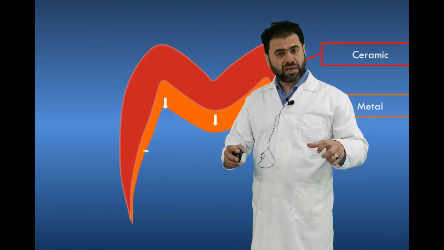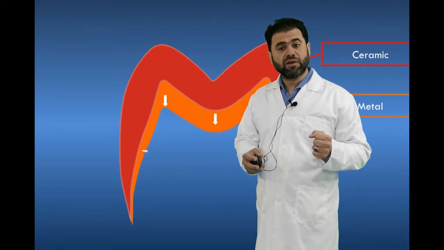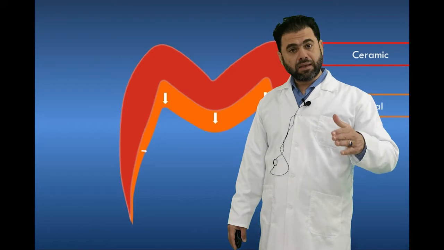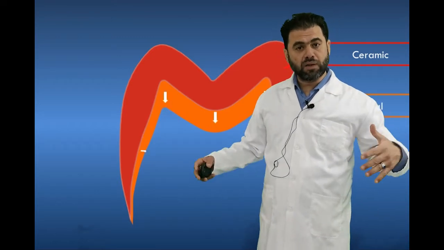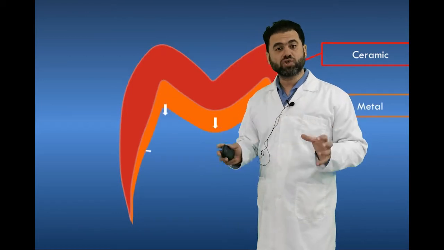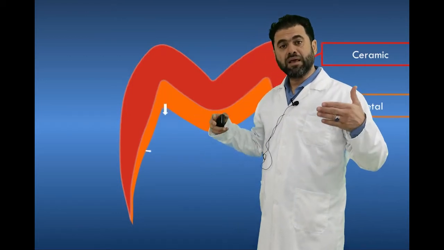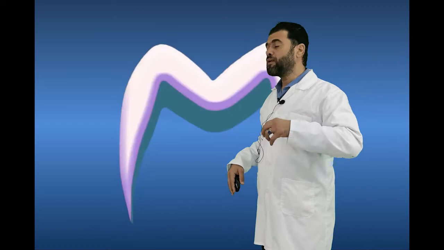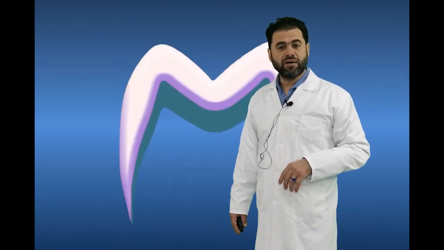This compressive strength will hold the ceramic even if there is a crack, it will close it and it will not let it propagate. انه ما يتطور هذا الكراك او تشدهم على بعض. فهذا احنا بنعمل residual compressive strength within the ceramic. This is the first one.